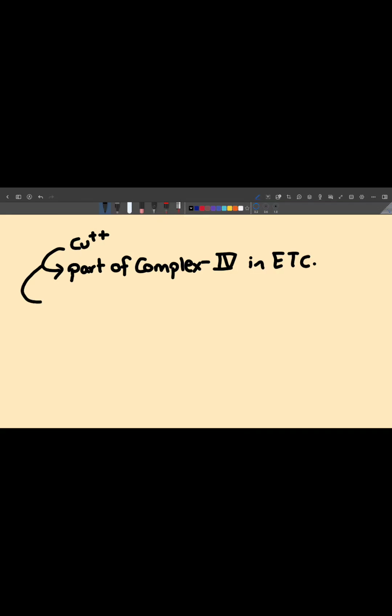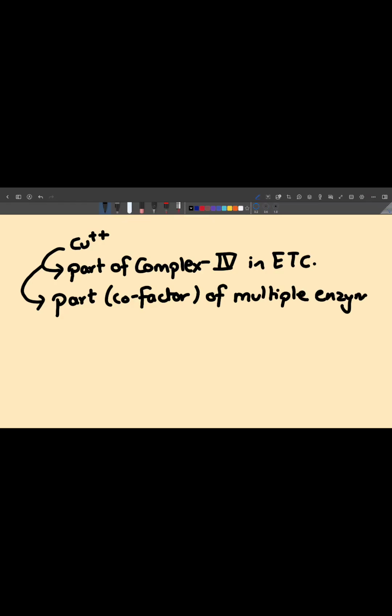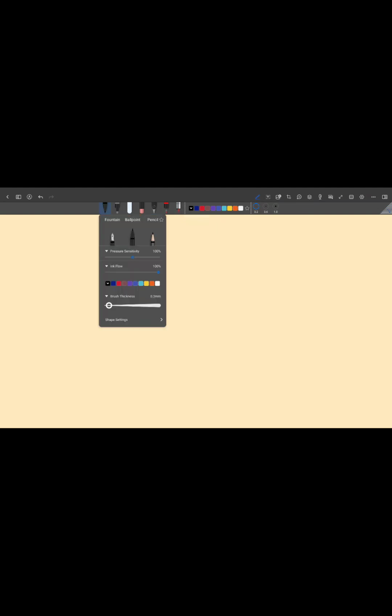And second, copper is a cofactor of multiple enzymes in our body. Copper has a lot of other functions as well, but for understanding Wilson's disease, this many functions will be enough. So now let's move on to copper metabolism.